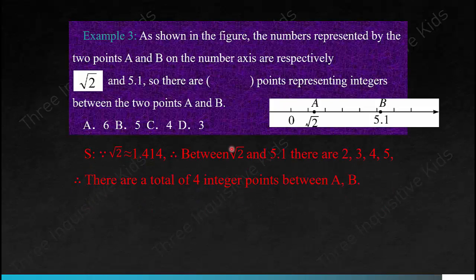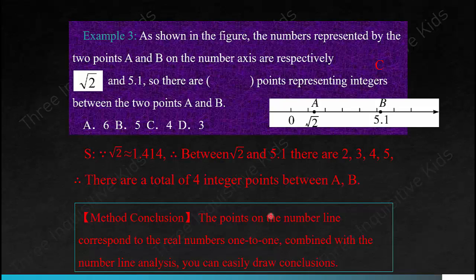Okay, so let's check our answers. Because the square root of 2 is about 1.414 and so on, between the square root of 2 and 5.1, there are 2, 3, 4, 5. So there are a total of 4 integers between A and B, and C goes over there.